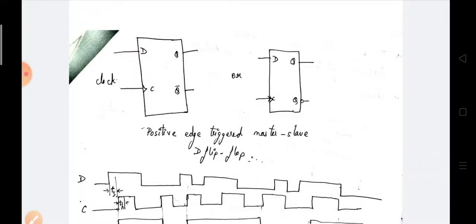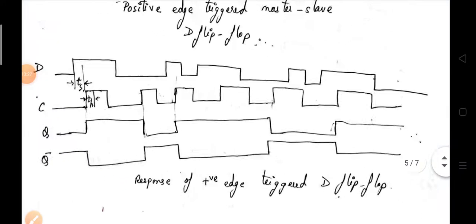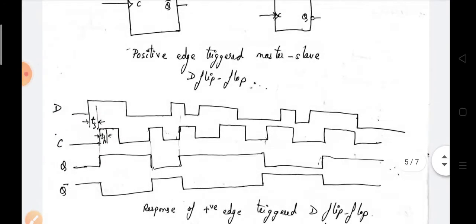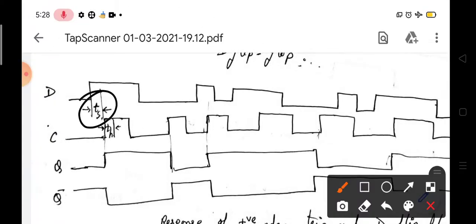This is how it is represented. Now see here, this is a typical response of a positive edge triggered D flip flop, where you can see some time delays TS and TH.